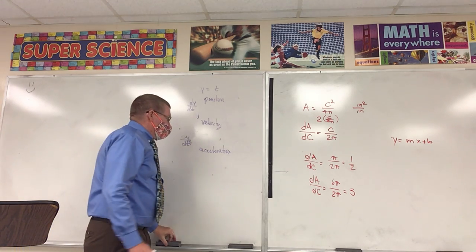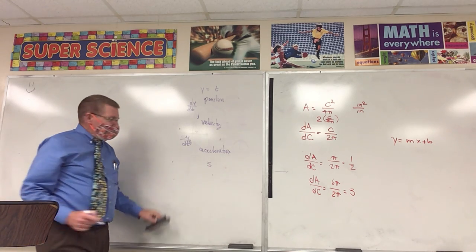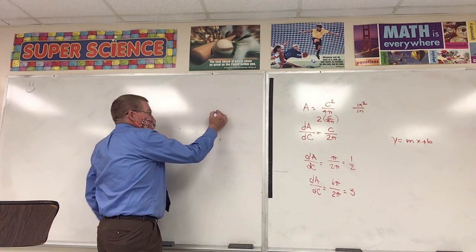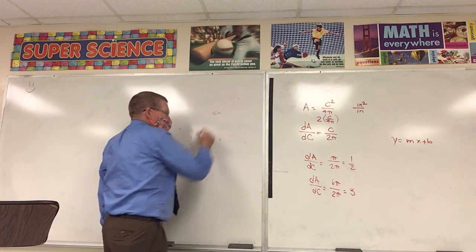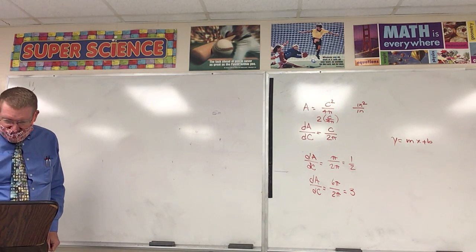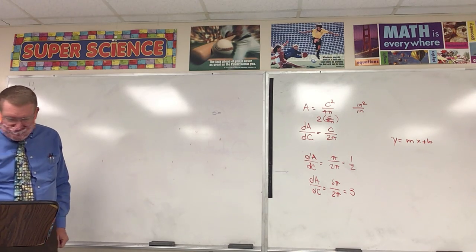Okay, so a lot of times position is using an S. So in this case here, they gave us S equals, on Mars, 1.86 t squared.